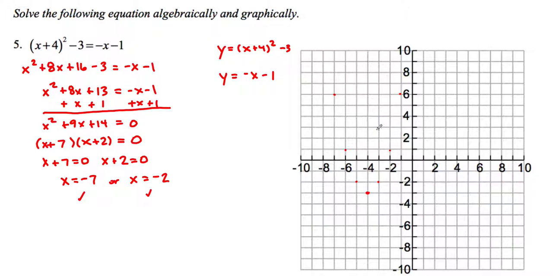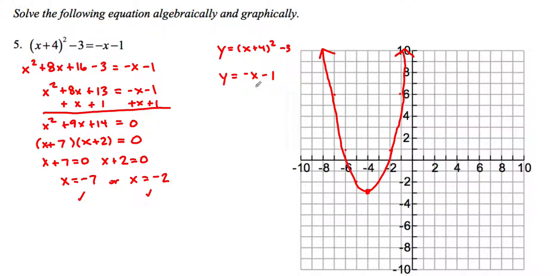There we go. And I'm going to go ahead and start connecting them. Hopefully I can draw it somewhat accurately. Because we're solving by graphing, it is important that you try to make it as accurate as you can. The tools I'm using make it really hard to draw, so I'm doing my best. Just bear with me.